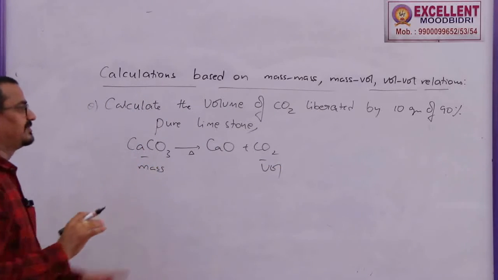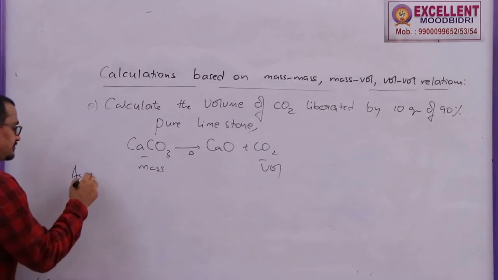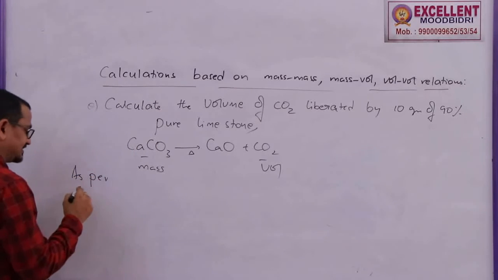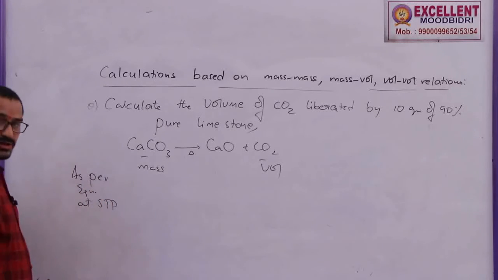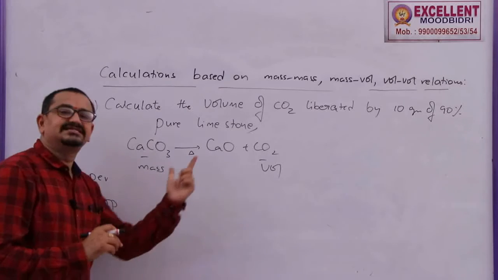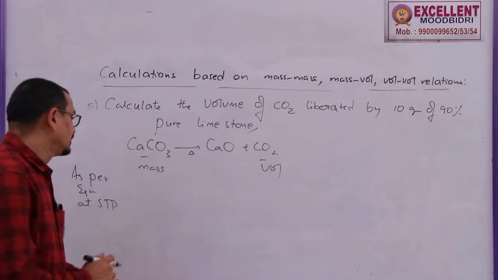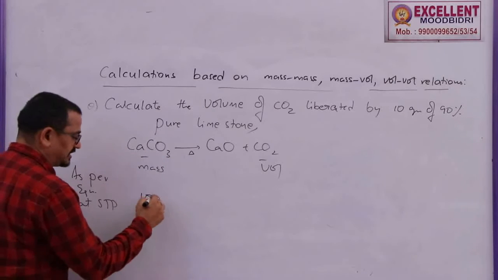So this is a question based on mass-volume relation. Now as per the equation, which should of course be completely balanced, at STP conditions you notice what mass is giving what volume: 100 grams, which is the formula mass of CaCO3.